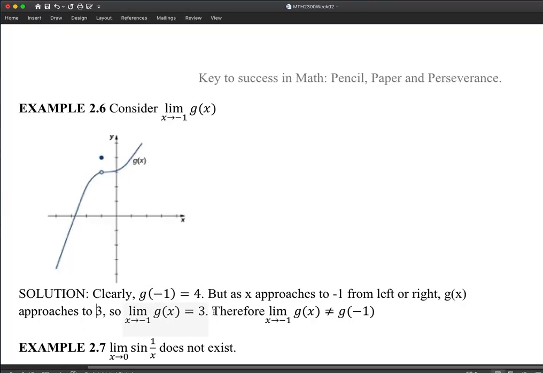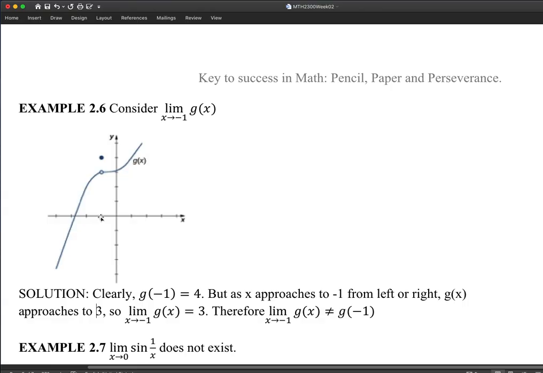And again, I want to tell you, in general, the limit may not have anything to do with the function value. Clearly, in this case, the limit is different from the function value. And again, keep in mind the limit is really the reflection of the function behavior around this point, around this point -1, not necessarily the function value.